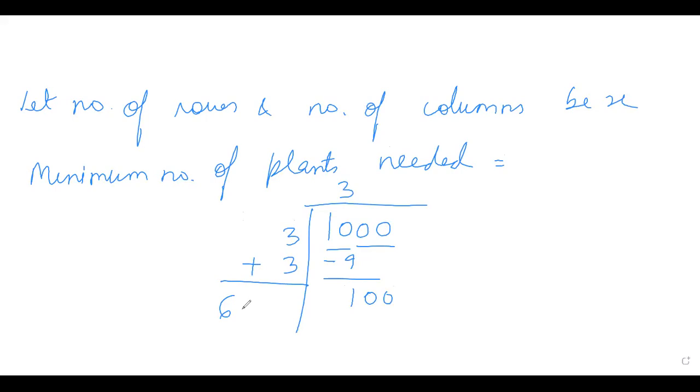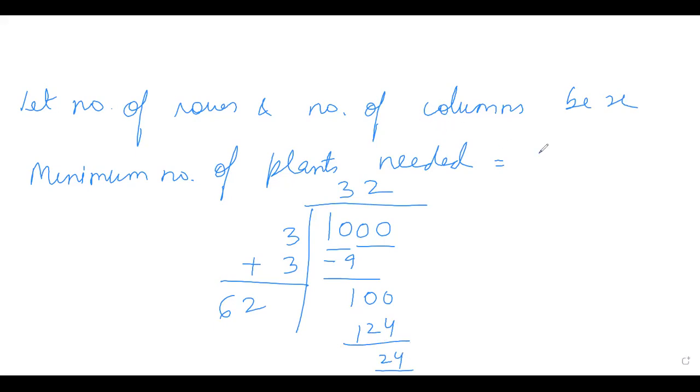If I go for 62, then it will be like bigger. So I will be going to 62 because we need the minimum number of plants to be purchased. So I am going to the higher one, 62 into 2, that makes 124. When you subtract, you will be getting 24 as the remainder.